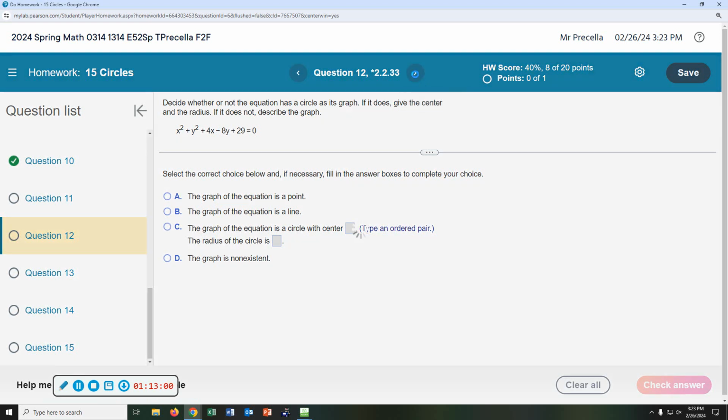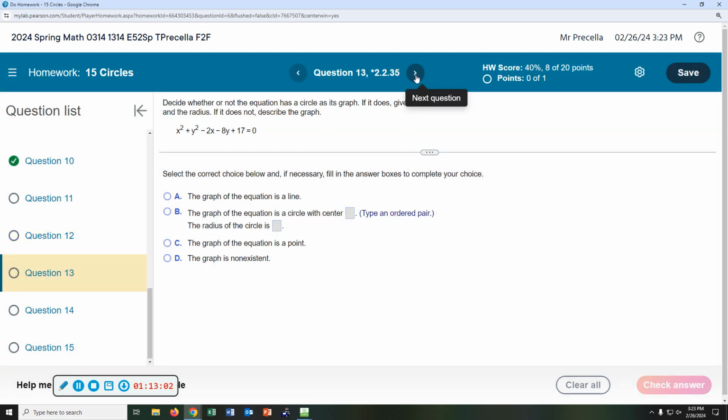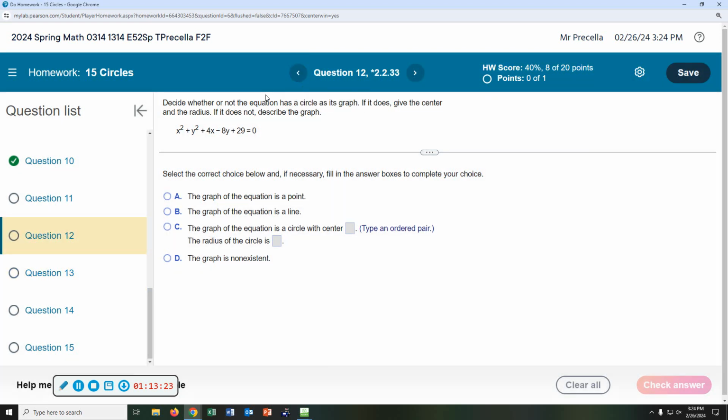Every one of these multiple choice things gives that possibility. The graph of the equation is a line. Do lines have exponents in them? No. And so you know it's not going to be a line. If you're going to guess blindly, don't guess that it's a line because lines don't have exponents.